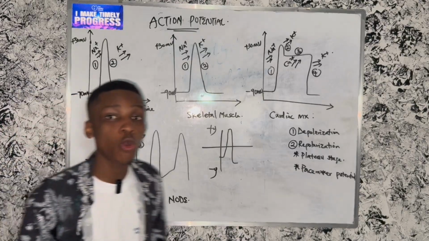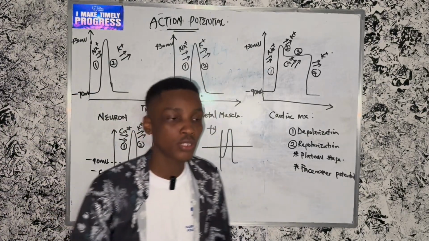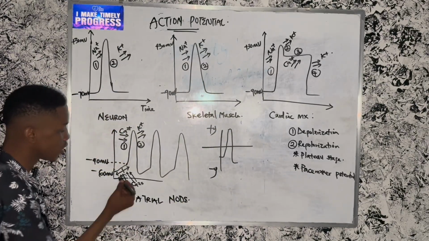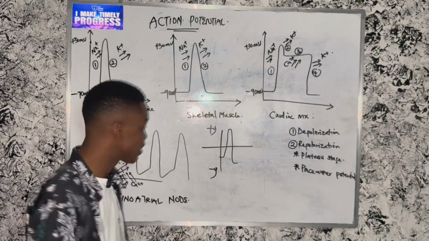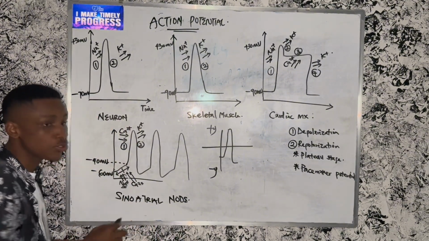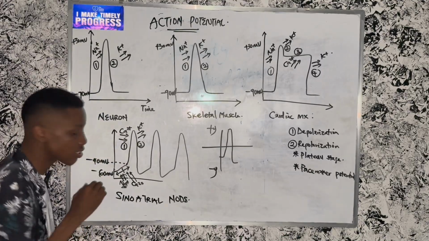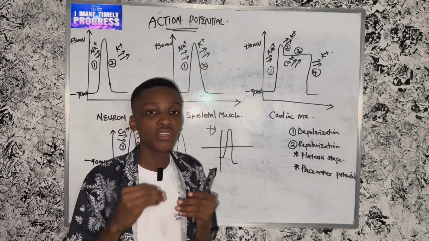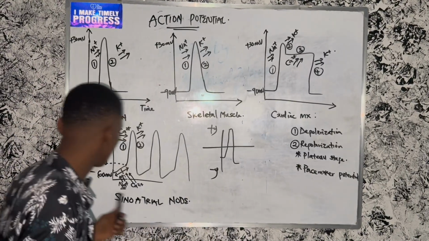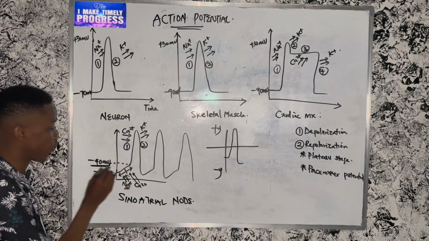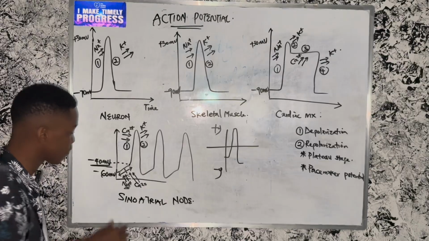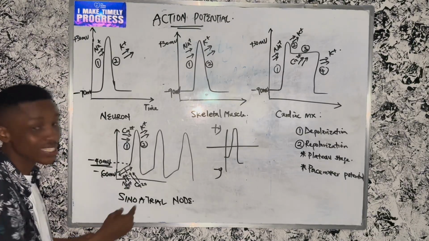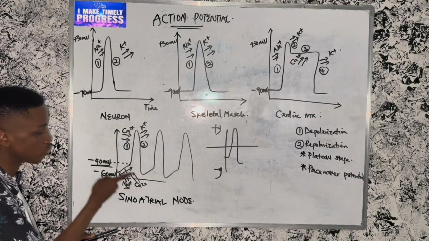Usually the sinoatrial node has an unstable resting membrane potential. On its own, this membrane is leaky to sodium, and as sodium keeps coming in, it will start moving slowly towards threshold. Threshold here is minus 40. As you keep going, another channel opens, which is L-type calcium, allowing calcium to come in.